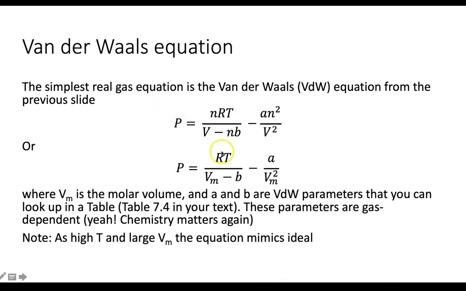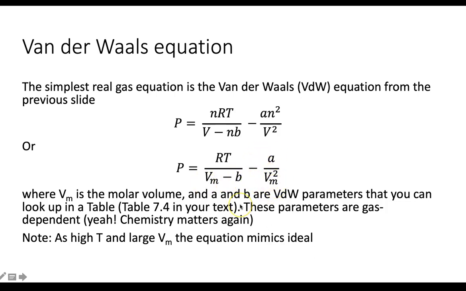If we remove the number of moles, the extensive part of the property, and make it intensive and use molar volume, then the equation becomes this, where we have the molar volume minus B, and then the parameter A over Vm squared.